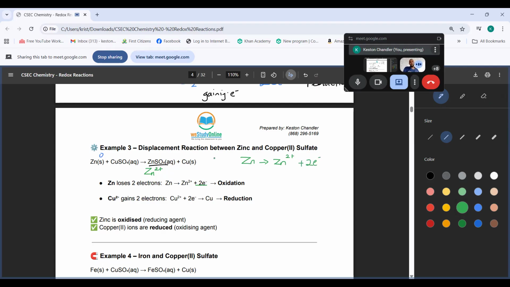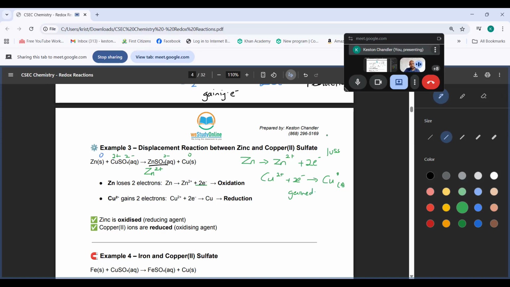Now, while that is happening, sulfate on both sides of the equation is still 2-. Nothing is happening to the sulfate. But copper, on the other hand, which was 2+ here, now goes to be copper 0 on this side. So copper is actually accepting those 2 electrons that zinc threw out. And when it takes those 2 electrons, it goes back to being copper solid, which has an overall oxidation number of 0.